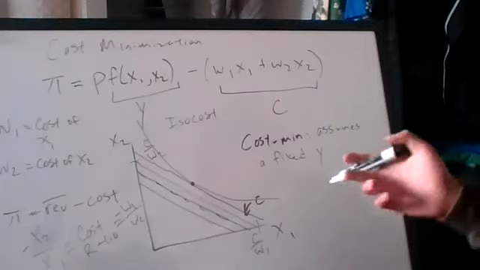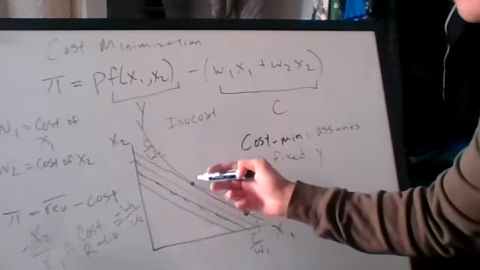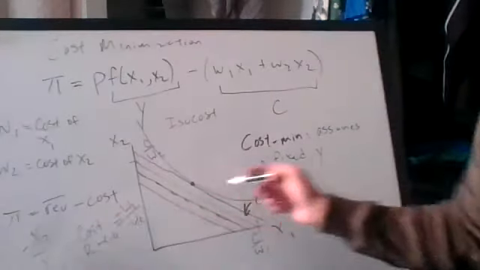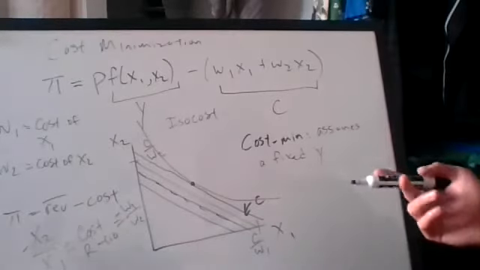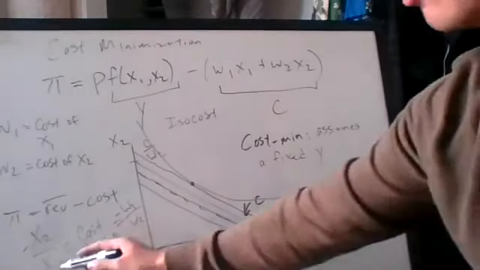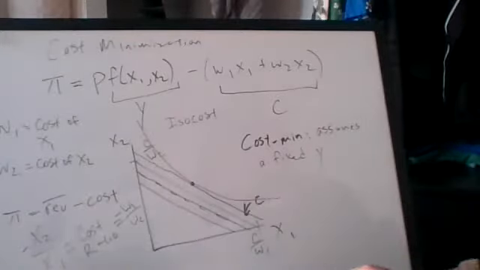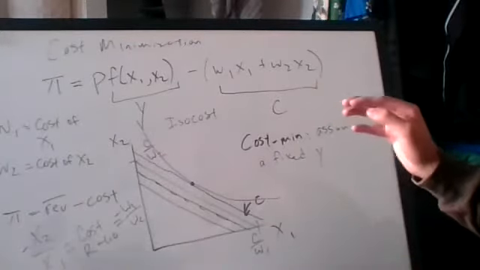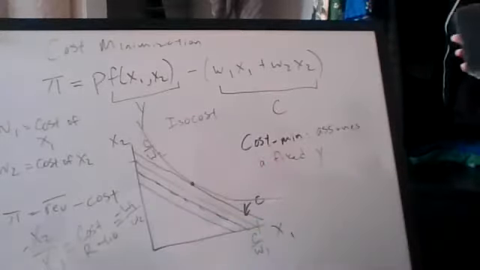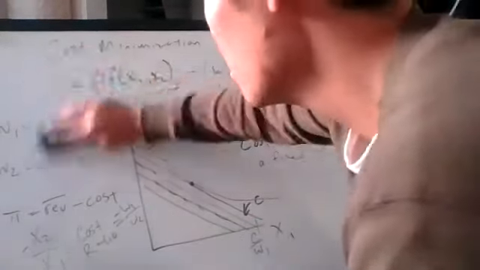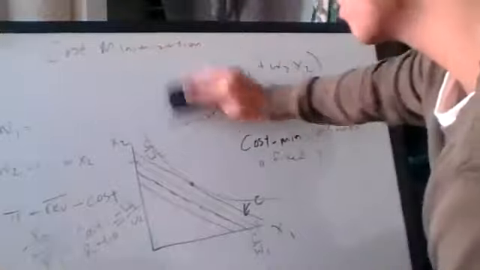So we've already figured out what it means to be at a tangency point. We set these two ratios equal to each other. But how do we ultimately decide what x1 and x2 should be? So with that being said, I'm going to work through an example that hopefully makes it a lot more clear.